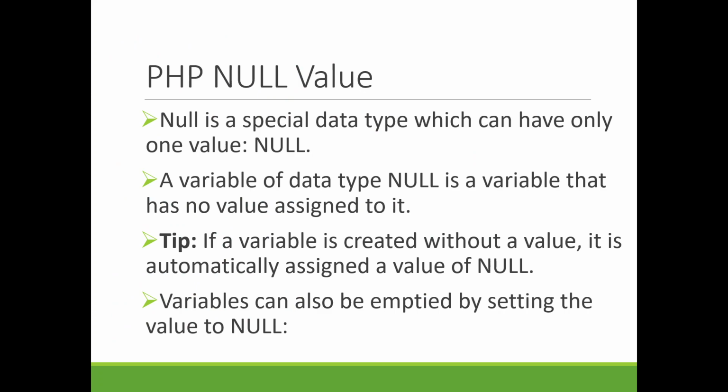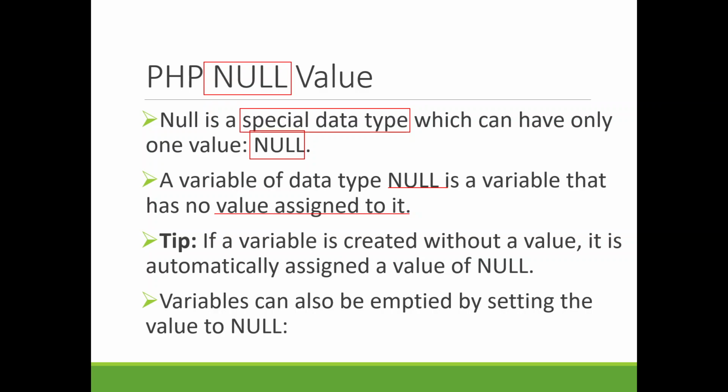Now, this is another interesting concept in PHP. The null value. Null is a special data type which can only have one value. Null simply means empty. A variable of data type null is a variable that has no value assigned to it.